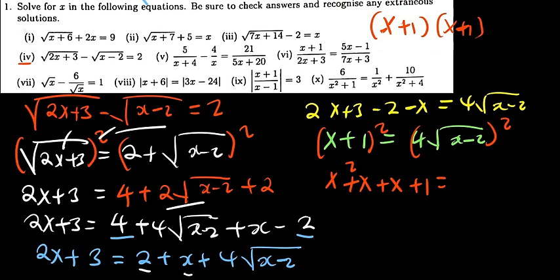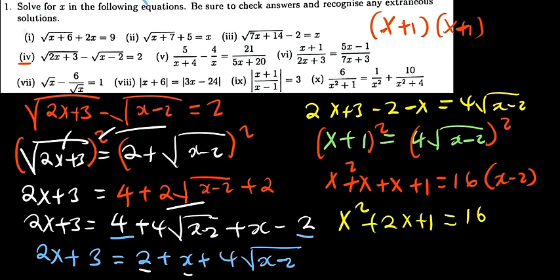Then here is 4 times 4 is 16. This one, if I square it, meaning the square root has gone, so this is going to be x squared. x plus x is 2x plus 1. So this will be 16x minus 16 times 2 is 32. Okay.